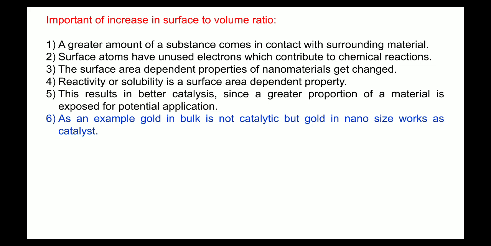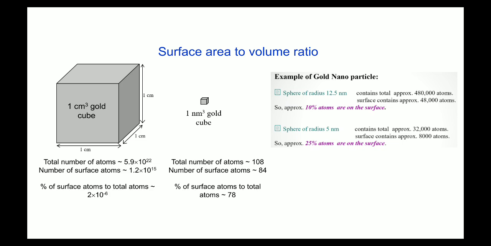Okay, so in that case, as I said, the surface area dependent properties of nanomaterials get changed. The properties which depend on the surface area get changed as we change the size of the material, because in this slide you have seen that even for a gold nanoparticle with a 12.5 nanometer radius, 10% of atoms are available on the surface, but when we take the same gold nanoparticle with a 5 nanometer radius, then 25 percent of atoms are present on the surface.